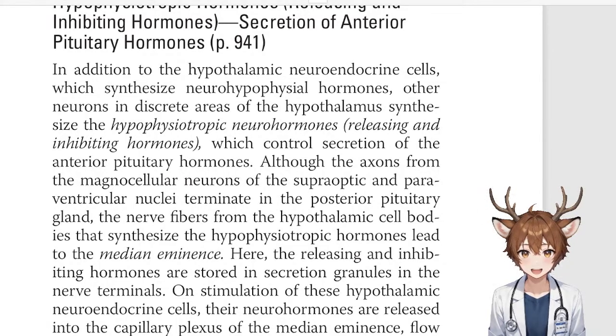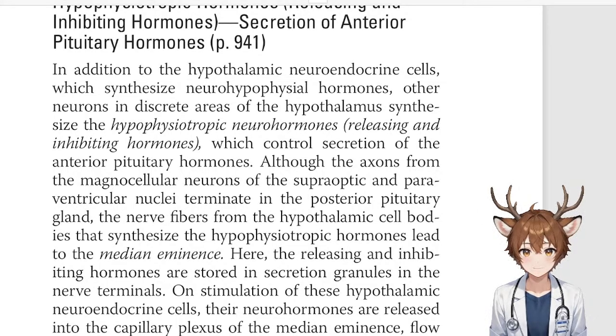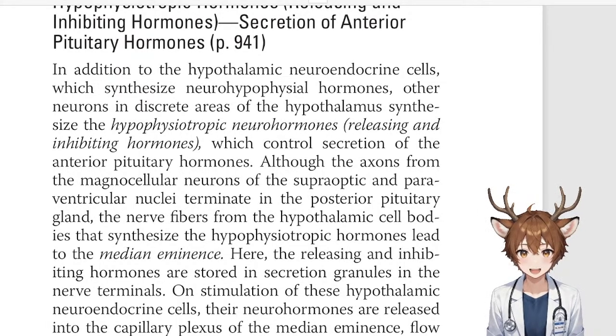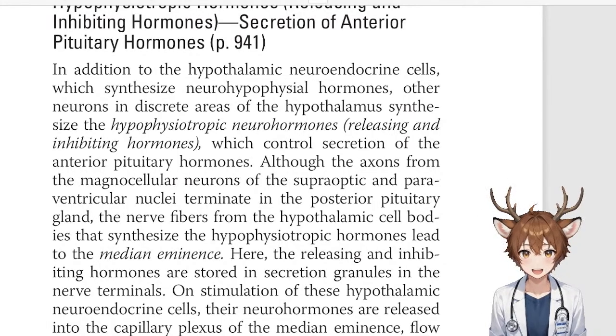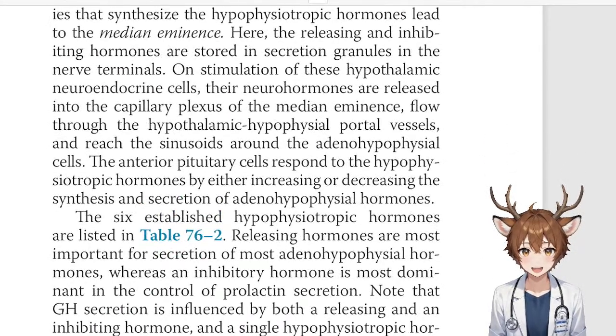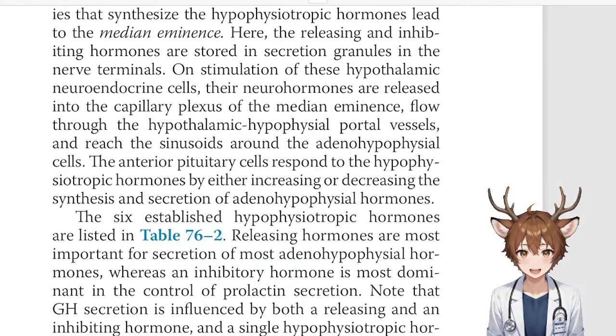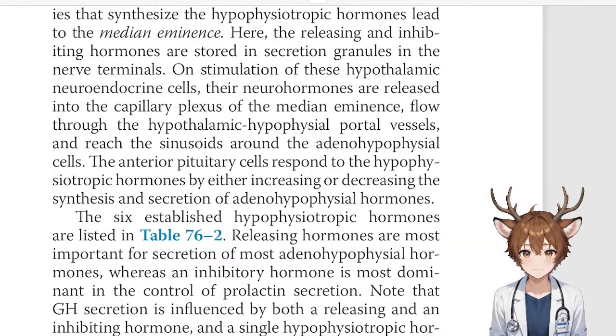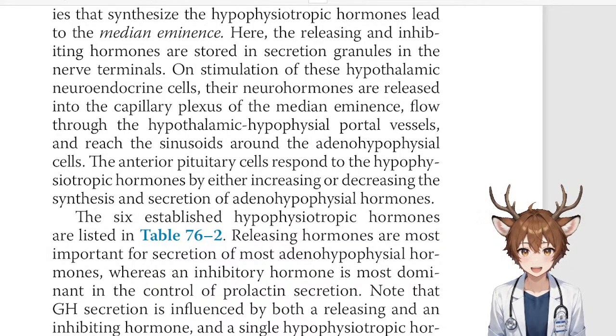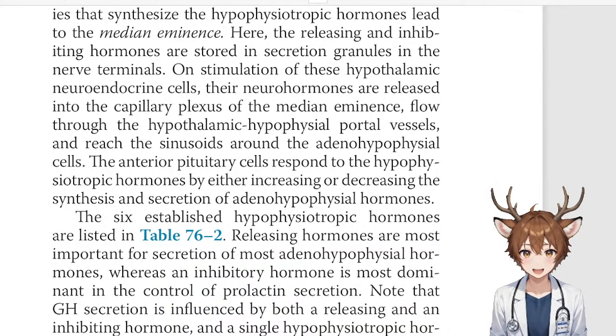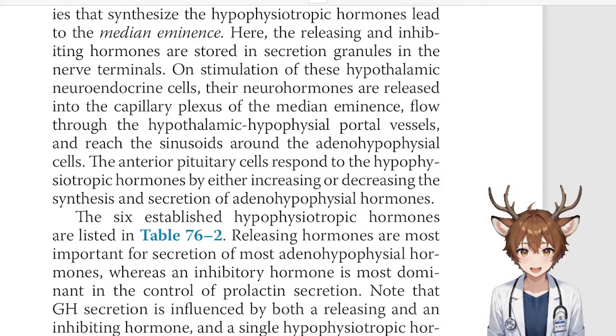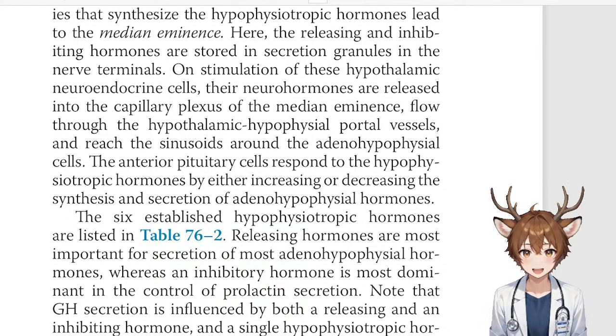On the stimulation of these hypothalamic neuroendocrine cells, these neurohormones are released into the capillary plexus of the median eminence, flow through the hypothalamic hypophyseal portal vessels, and reach the sinusoids through the adenohypophyseal cells. The anterior pituitary cells respond to the hypophysiotropic hormones by either increasing or decreasing the synthesis and secretion of adenohypophyseal hormones.